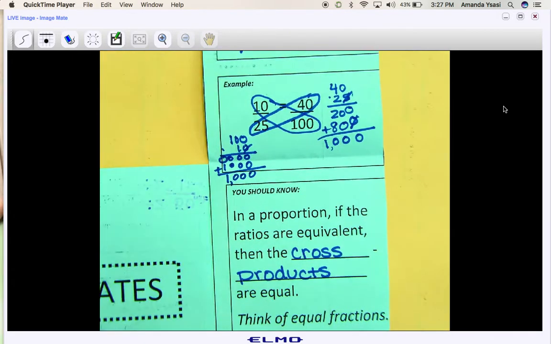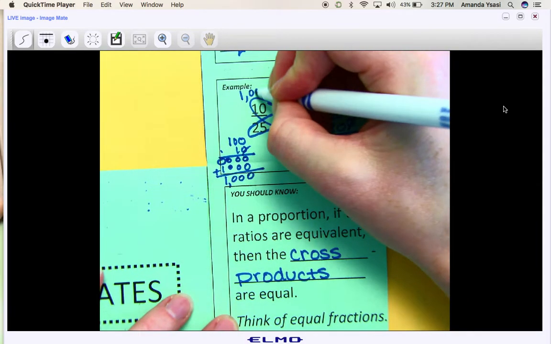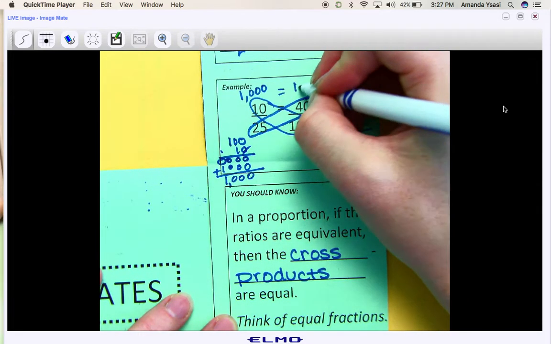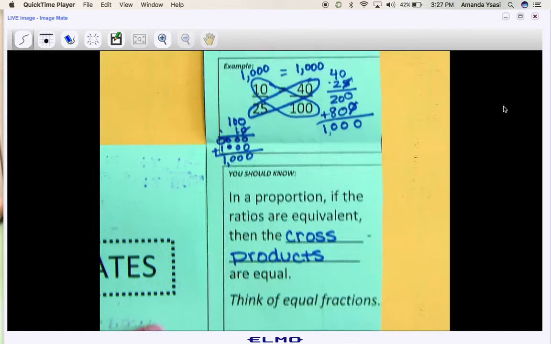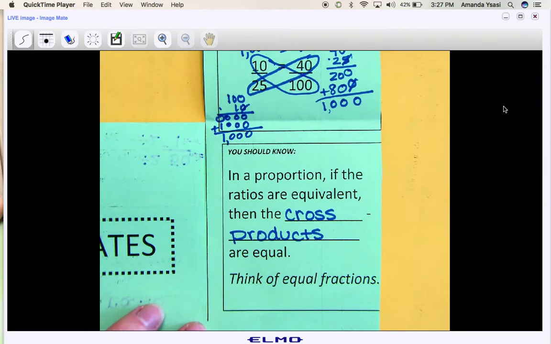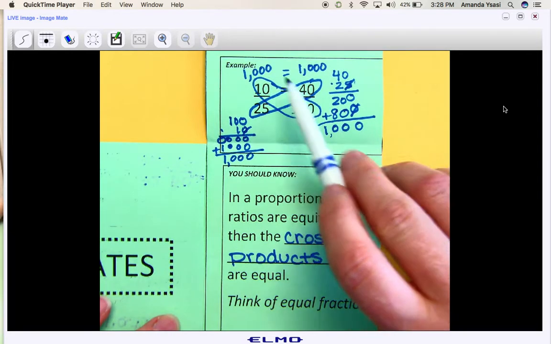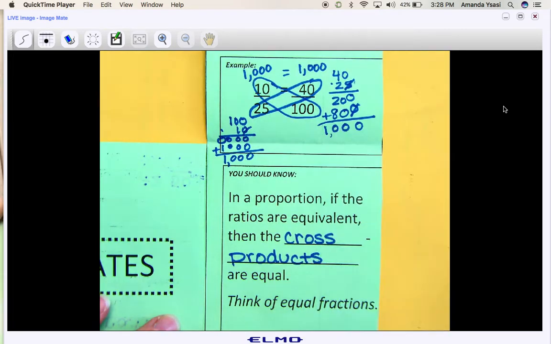So they're cross products. This cross product was 1,000, and this cross product was 1,000. So they are equivalent. So it says on here, think equal fractions. And you can always solve for a variable on here using the cross product.